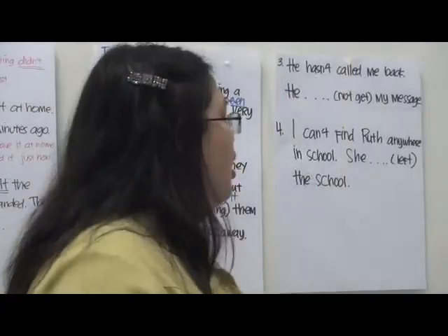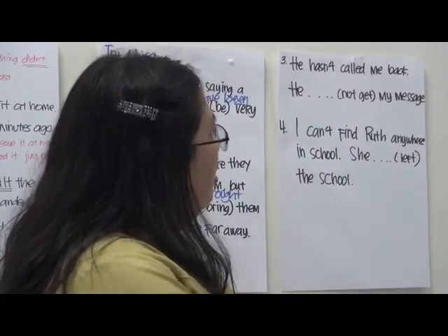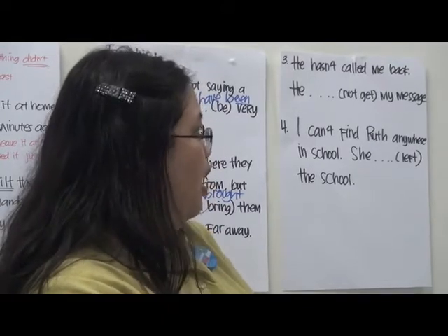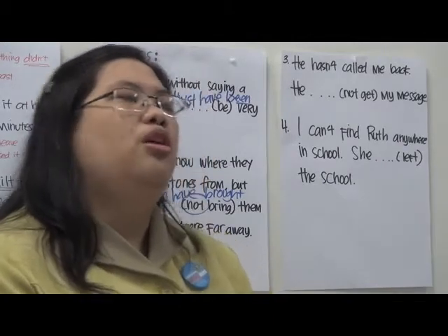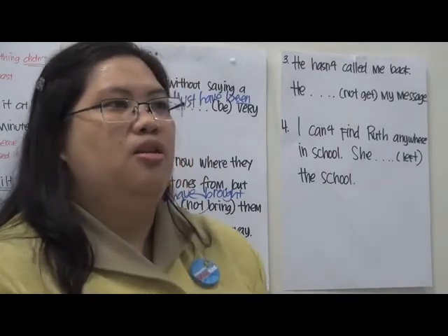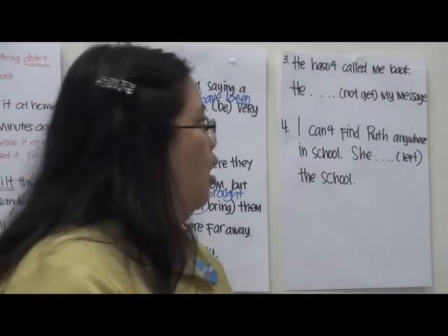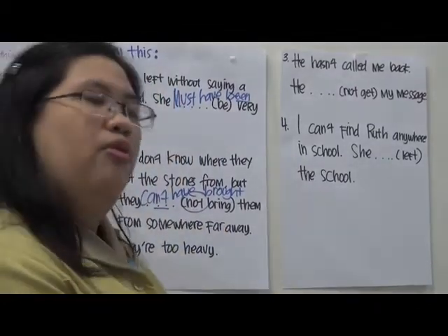Okay. Now let's try the third one. He hasn't called me back. He might not have gotten my message. So if someone didn't call you back, even though you've messaged that person, so what do you think? Okay, good. So something is possible, but we're not sure yet.